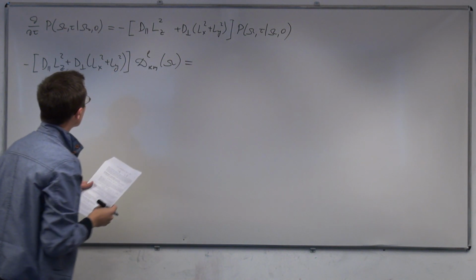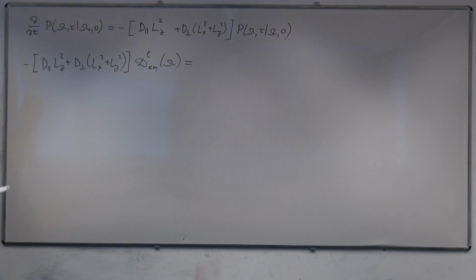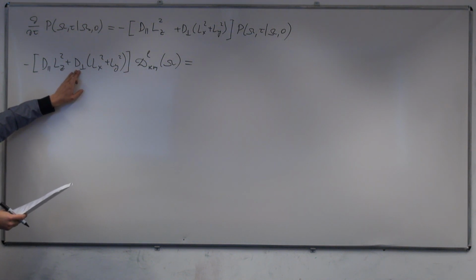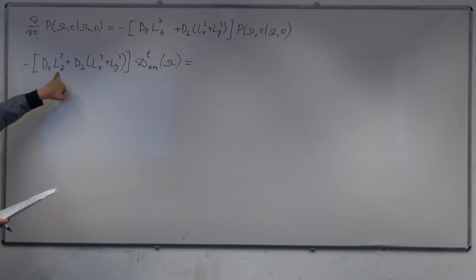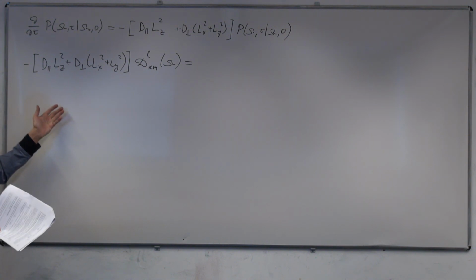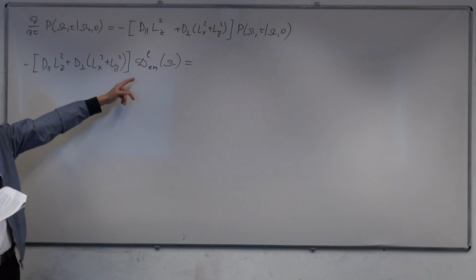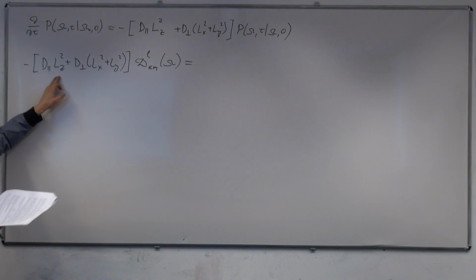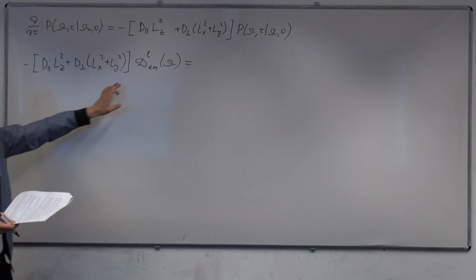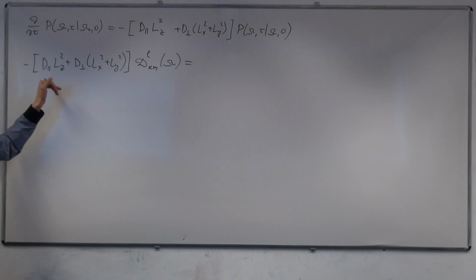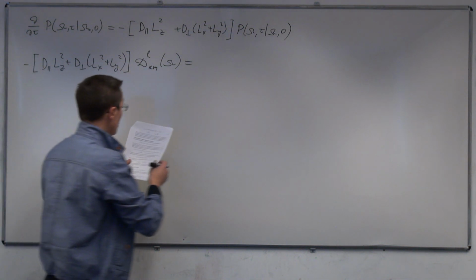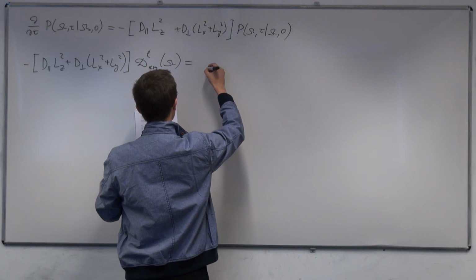What we can do to get that is, let's just add and subtract a little bit of D perpendicular Lz squared to try and partition this into L squared, for which we know this relationship, and Lz, for which we also know it, because the Wigner functions are also eigenfunctions of Lz, because they are related to spherical harmonics. So that sort of partitioning yields the following.